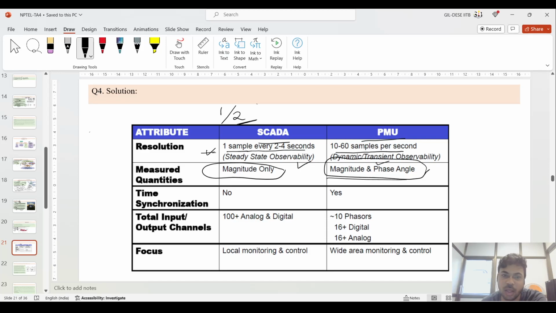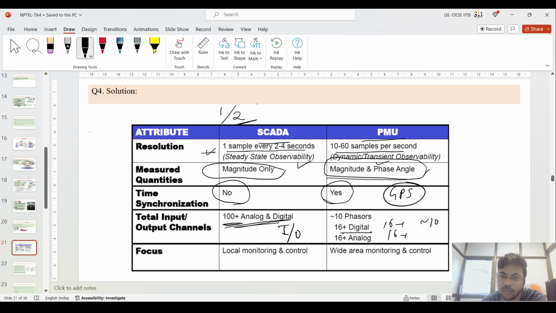And in the SCADA, you can measure the magnitude only, but in the PMUs, you can measure both the magnitude and the phasor as well. SCADA doesn't have any time synchronization, but PMUs have, due to the GPS functionality. And if you see the input part, SCADA has 100 plus analog and digital IOs.